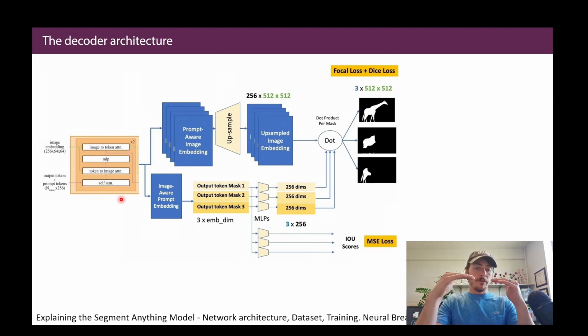So then you go up one, and now you've got the prompt and the image, right? So now you're actually taking the image where you hadn't even seen the image before. You just took the output tokens and the prompt, right? Now you're going to take the image and it's going to take the prompt. This is going to be image attention, okay? So this will update the prompt and the output token, but now it has context of knowledge with respect to the image, right?